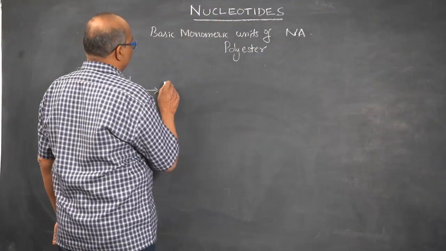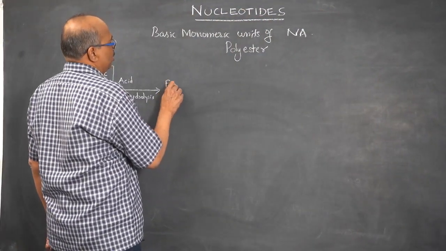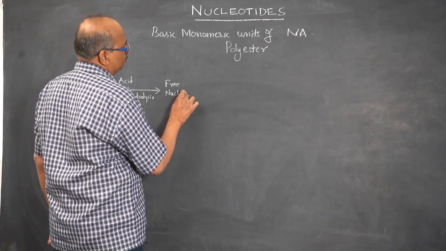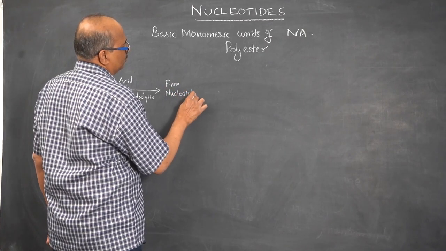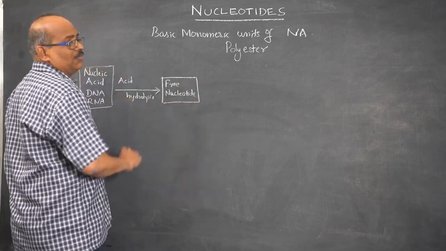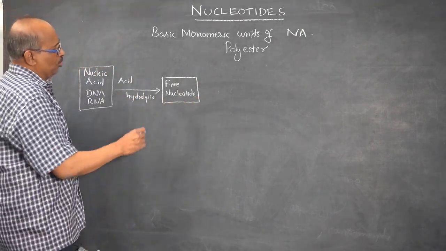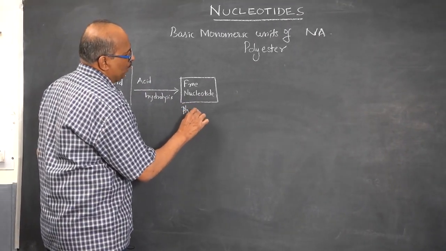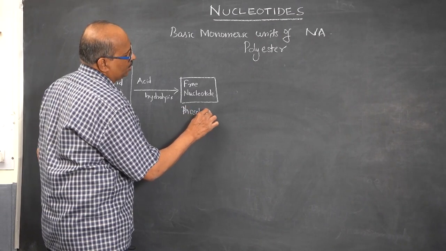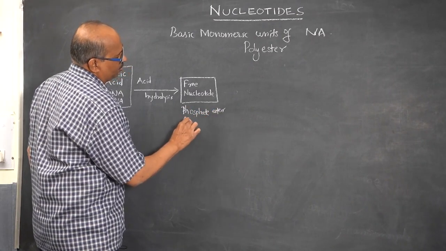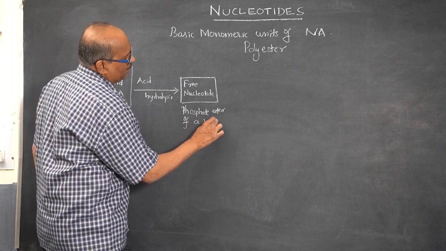So you get free nucleotide. This free nucleotide is a phosphate ester of a nucleoside.